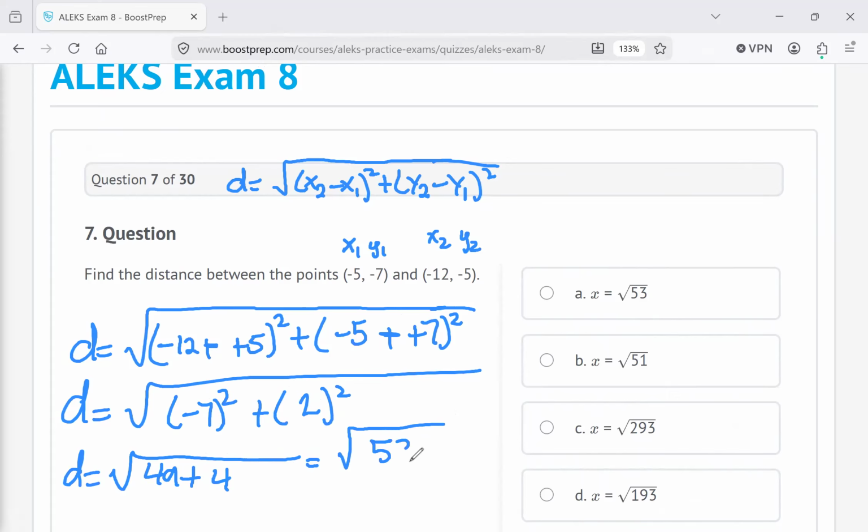So your distance is the square root of 53. I believe 53. No, it can't be reduced. That's prime, so that is your answer.